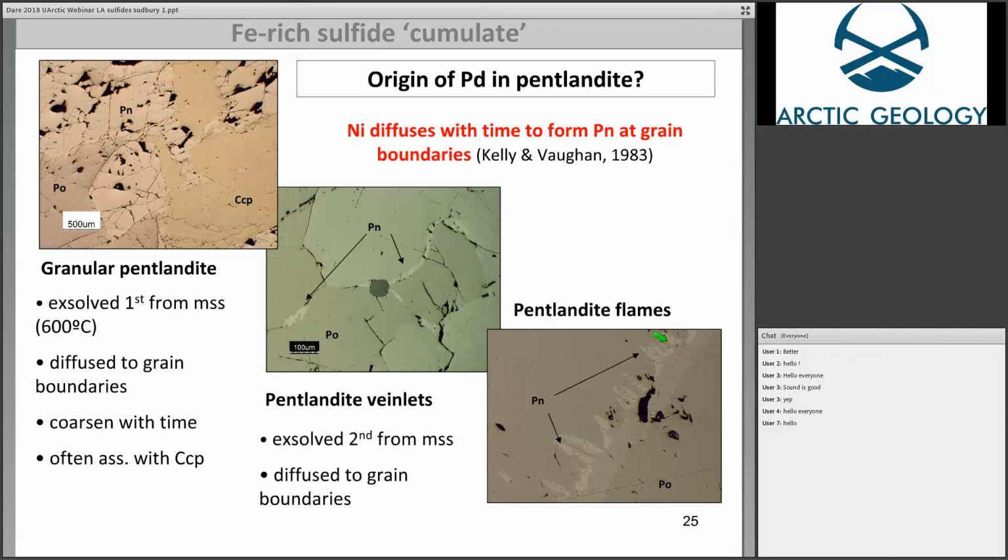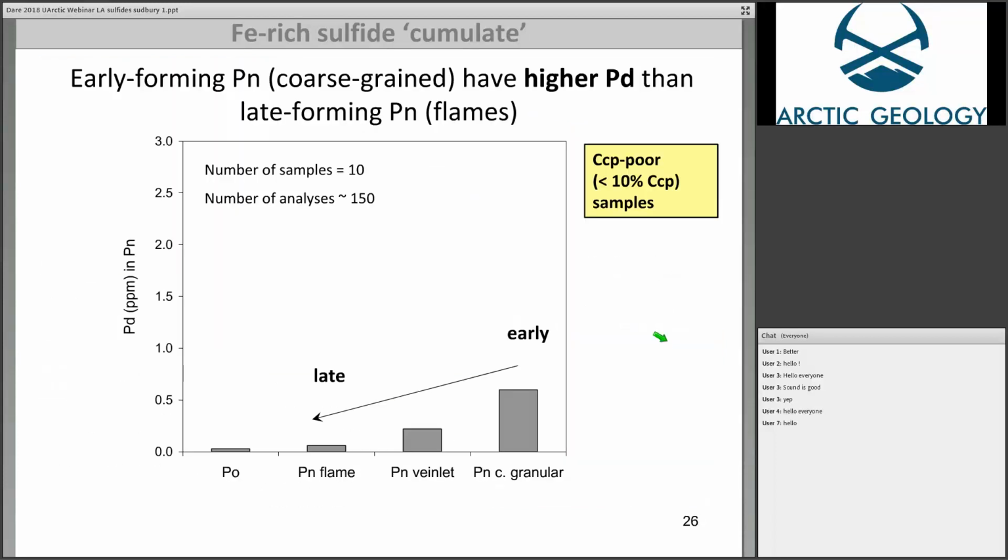So the coarse granular one, I believe, exsolved first, around 600. That's when the exsolution first starts. Pentlandite veins migrated to the grain boundary, started to coarsen, but didn't have time to get any thicker, so they exsolved second. And the last pentlandite to exsolve out are these tiny little flames, around 300 probably, that nucleate on cracks, or on a deformation twin of pyrrhotite.